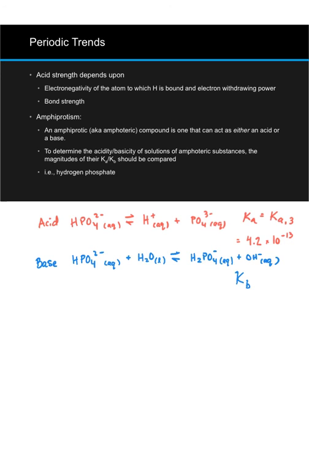How do we get a Kb value if we're not explicitly given one? Well, you might recall that just before spring break, we talked about the relationship between Ka and Kb for conjugate acid-base pairs. We said that for conjugate pairs, Ka times Kb is equal to Kw.